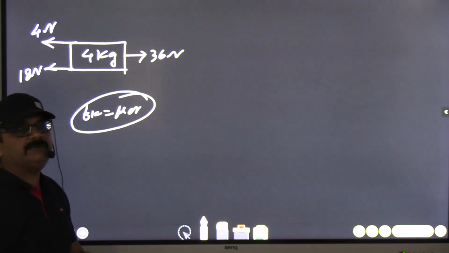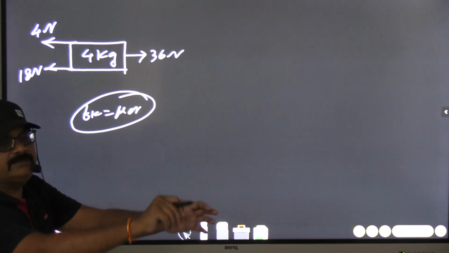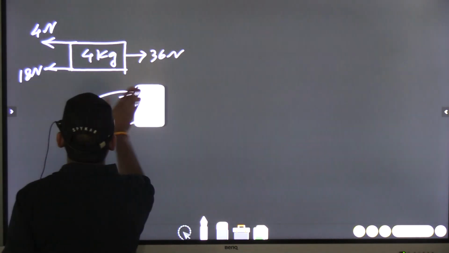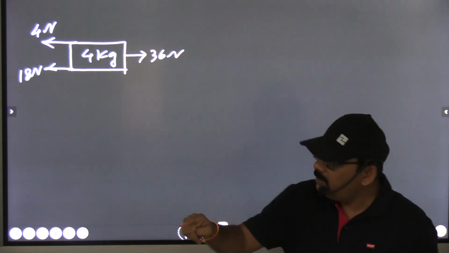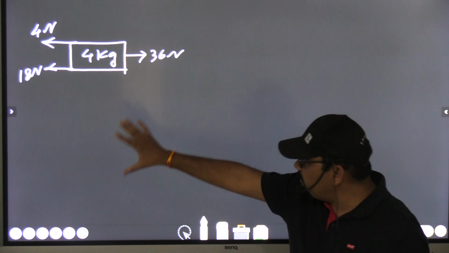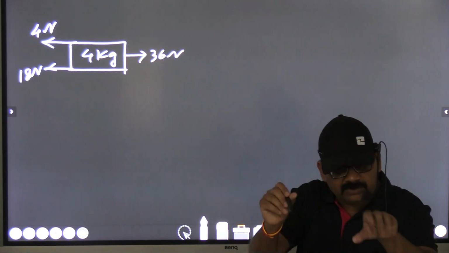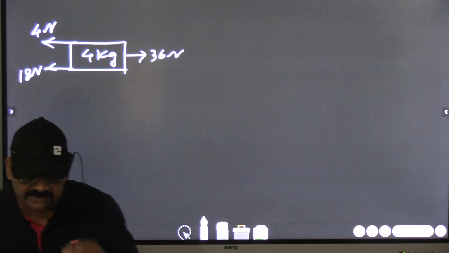There is no if and but. The magnitude of kinetic friction is straight mu k times normal reaction. We are just writing for the previous part, when the force was 18 Newton or 12 Newton, the friction was static friction, right? But all three questions are separate questions, so for this situation, this is kinetic friction, right?